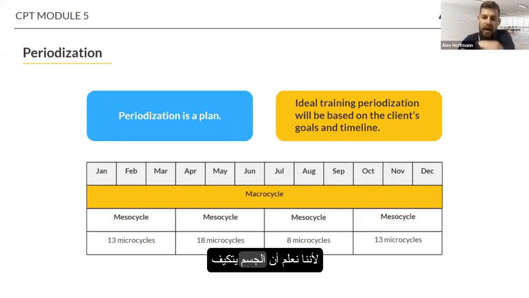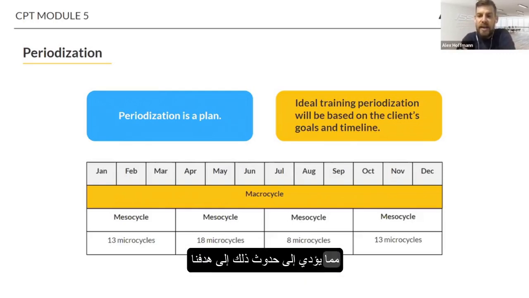Because we know that the body adapts to specific stimuli after about 4 to 8 weeks, we then break that macrocycle down into various mesocycles. Mesocycles are simply short-term training goals that typically last anywhere between 1 to 3 months, right? That lead to our overall final outcome goal that we want.